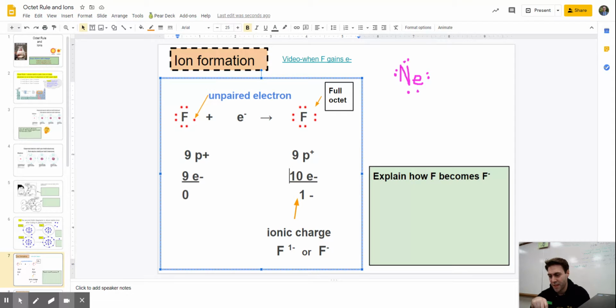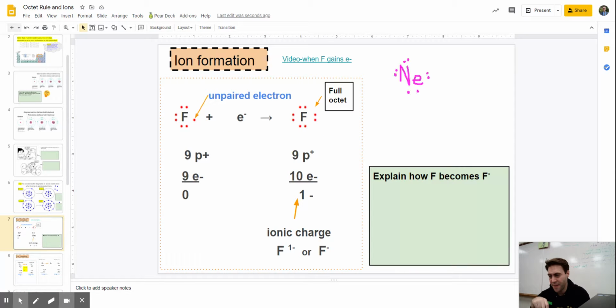And we subtract these two, 9 minus 10, and we get a negative 1. So now fluorine has a negative 1 charge. Okay? So fluorine gained an electron from somewhere. Electrons are negatively charged, thus changing the charge from a 0 to a negative 1. All right? So that's fluorine.